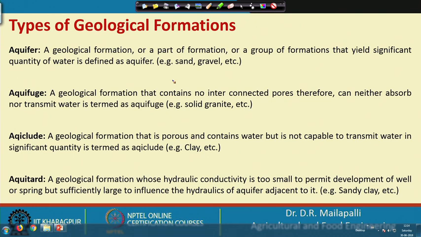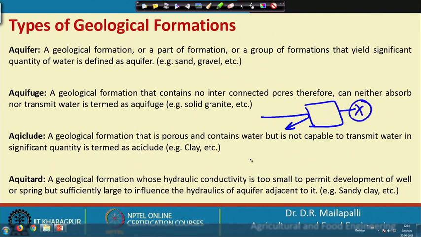Similarly, an aquifuge is a geological formation that neither absorbs nor transmits. Suppose this is a material that cannot absorb; once it is not absorbing, there is no question of getting water from this material.